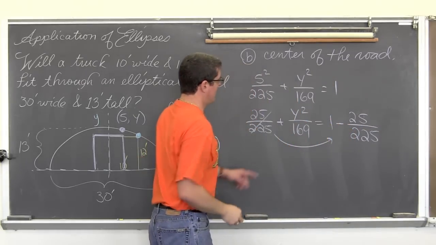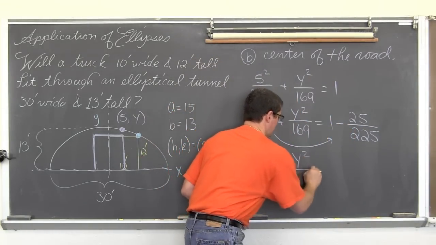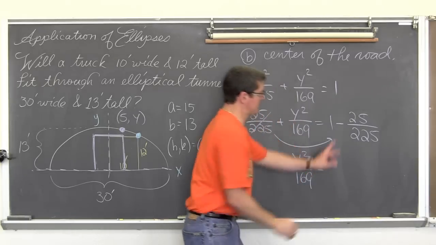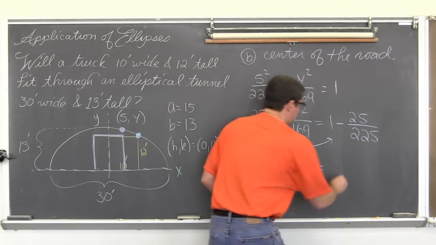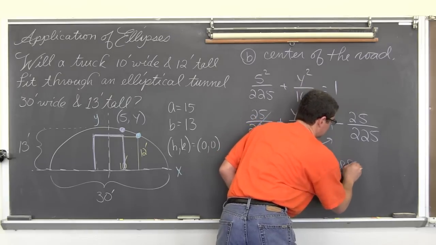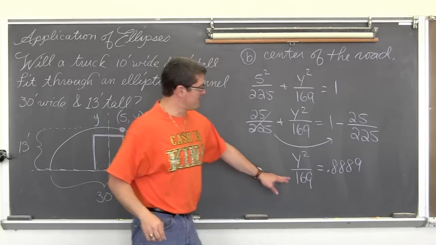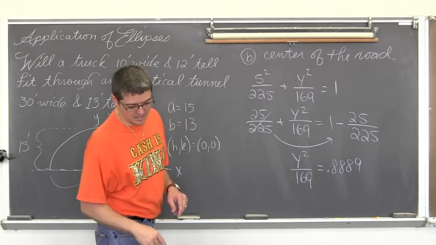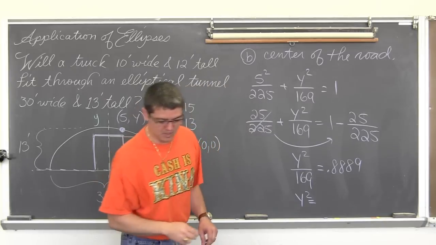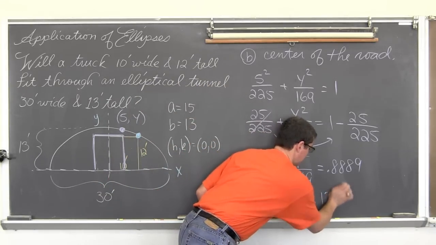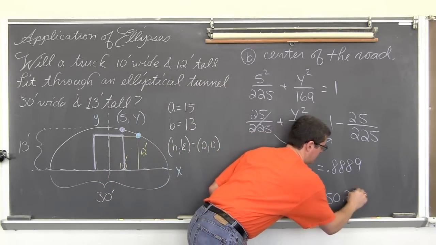So that's out, and we get y squared over 169. This is a decimal, which comes out to be 0.8889. And multiply both sides by 169. You get y squared is equal to 150.22.